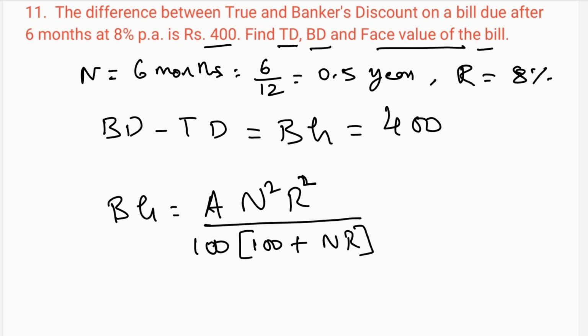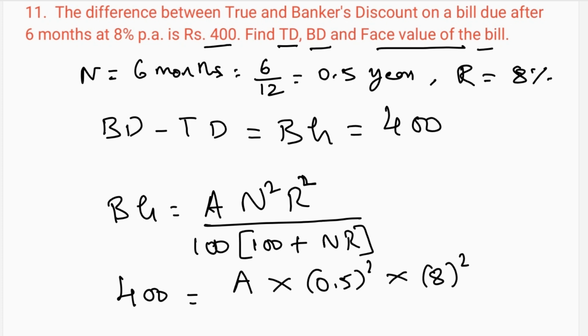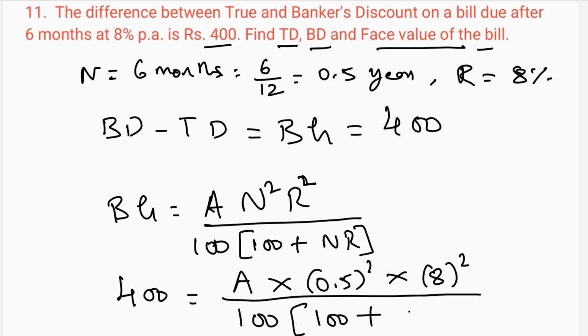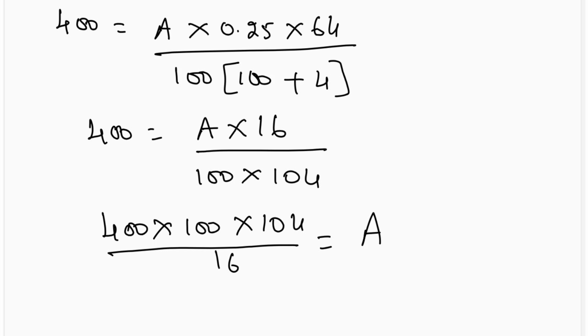If you substitute these values, 400 equals A, we don't know, we need to find, that is the face value, into n is 0.5 square into r is 8%, that is 8 square, divided by 100 into 100 plus 0.5 into 8. If you simplify, you will get 0.25 into 64, that is 16, over 100 into 100 plus 4, so 100 into 104.